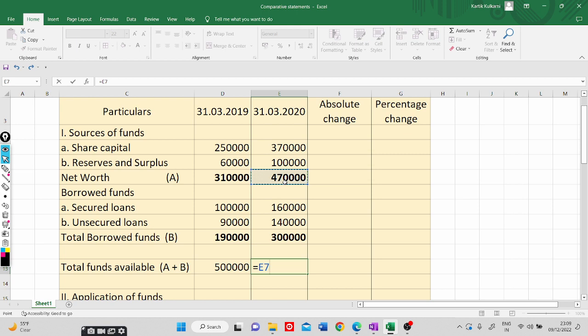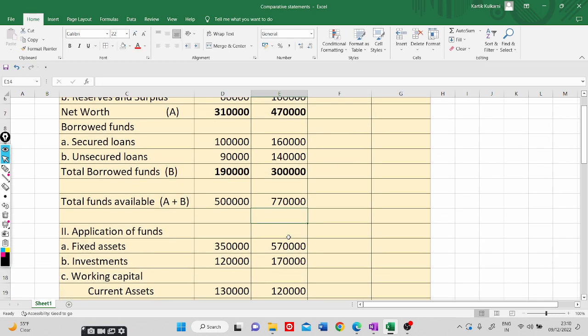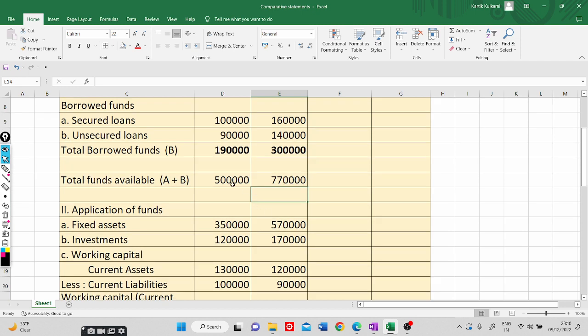A plus B is total funds for 20. This is our balance sheet total.